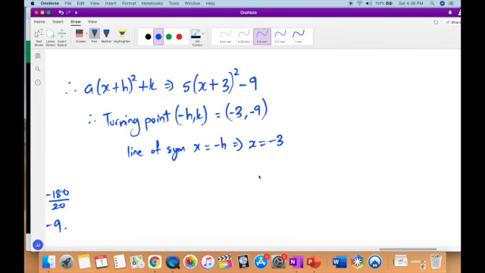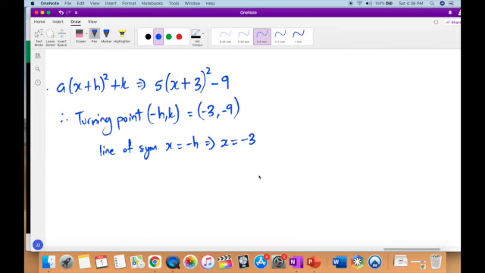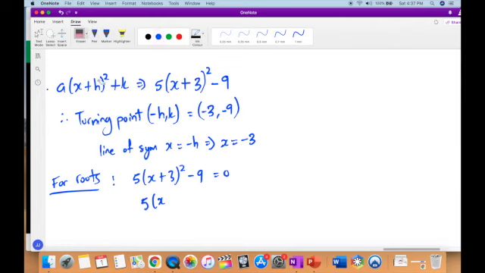The only thing that we didn't find so far is the roots, right? So for the roots, we could actually use this to solve the equation. 5 into (x plus 3) squared minus 9, we put that equal to 0.